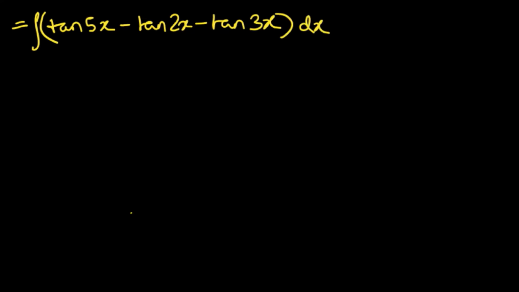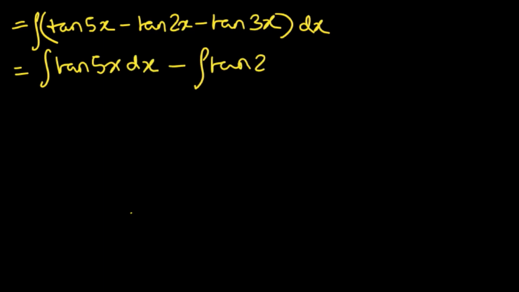Integration of tan 5x minus tan 2x minus tan 3x whole dx. So we can write integration of tan 5x dx minus integration of tan 2x dx minus integration of tan 3x dx.